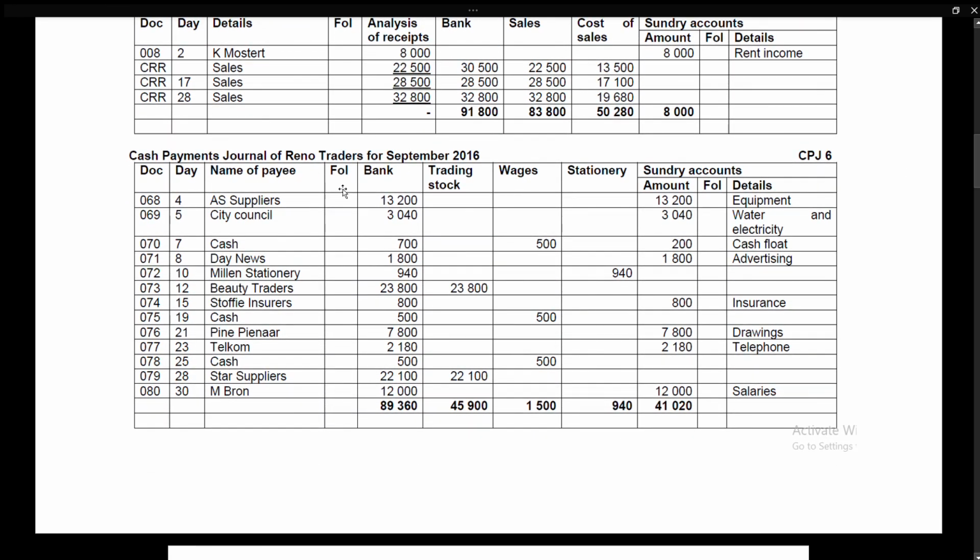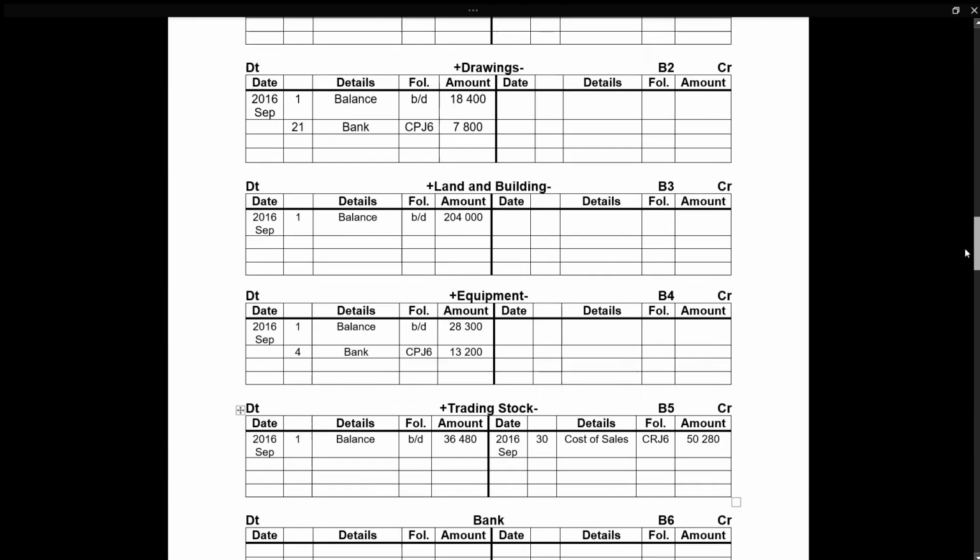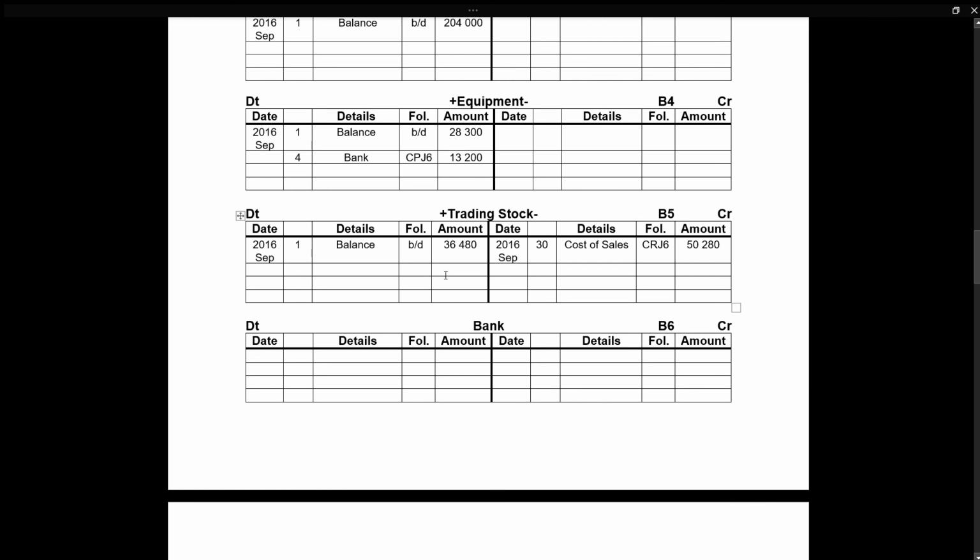In my cash payment journal, we bought more trading stock to the value of 45,900 Rand. Okay, so my trading stock will increase because I bought more. 45,900 Rand. I got this from my cash payment journal number 6. And my details will be bank.